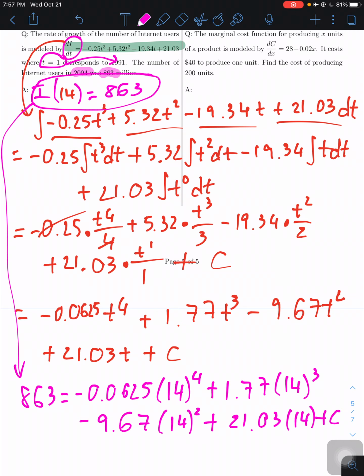So after you did all that work, now we have to solve for c, right? So let me plug it into my calculator really quick to see what c is. Sorry for the waiting time.